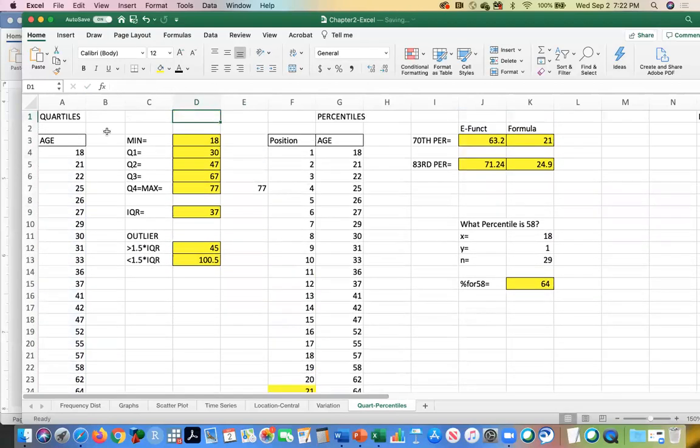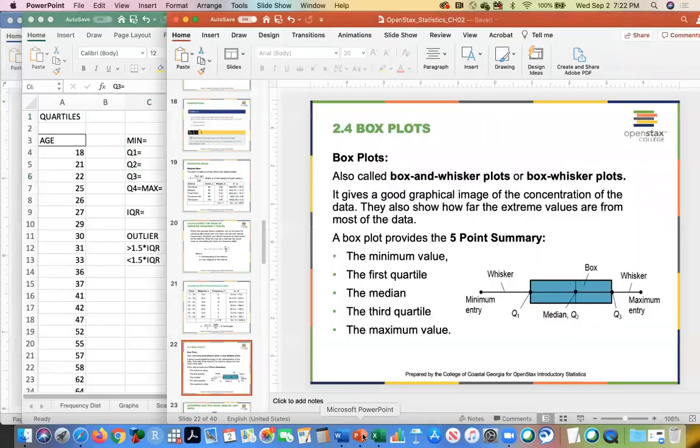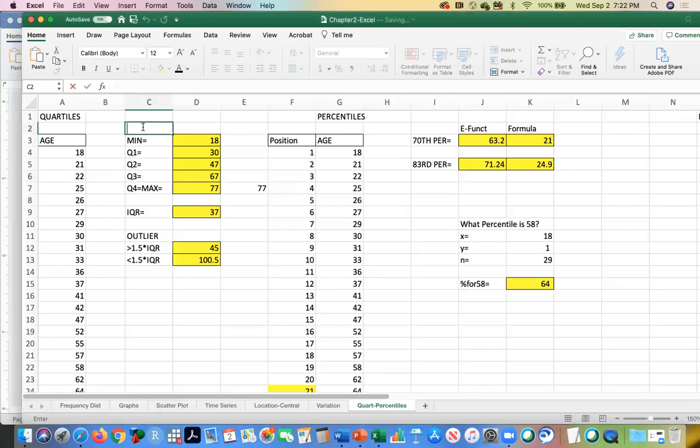As you can see, if I find the minimum, the maximum, quartile 1, quartile 2, and quartile 3, that is called the 5-point summary, which is very interesting and useful.